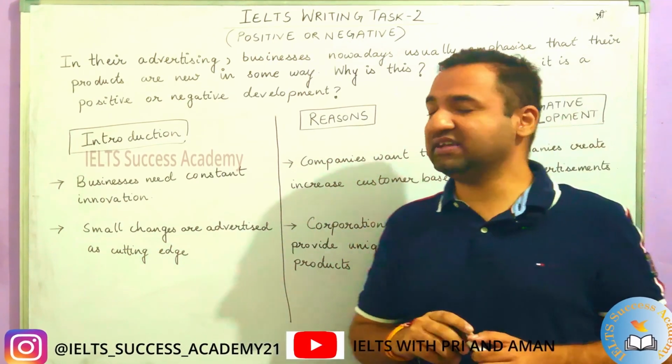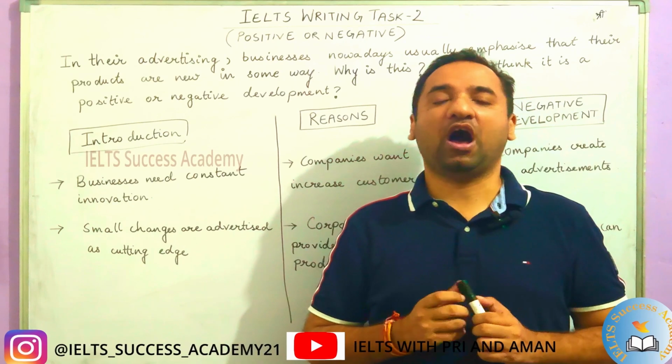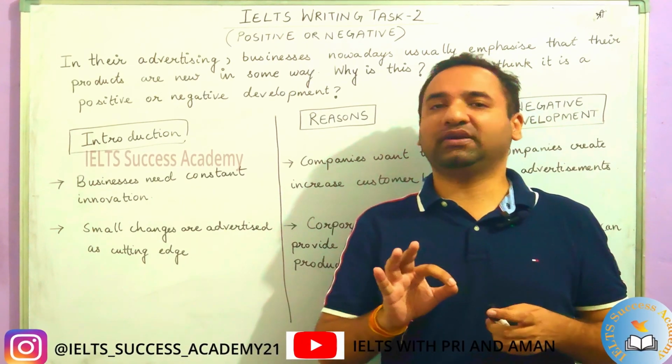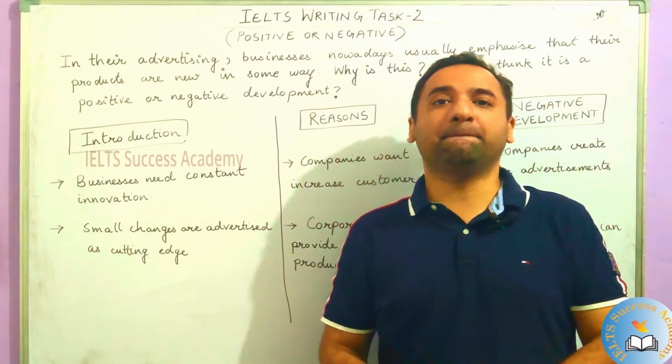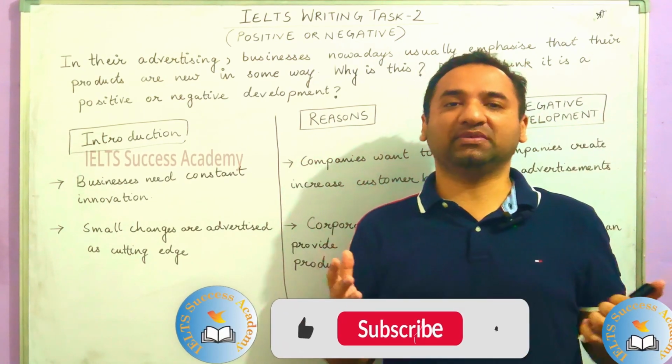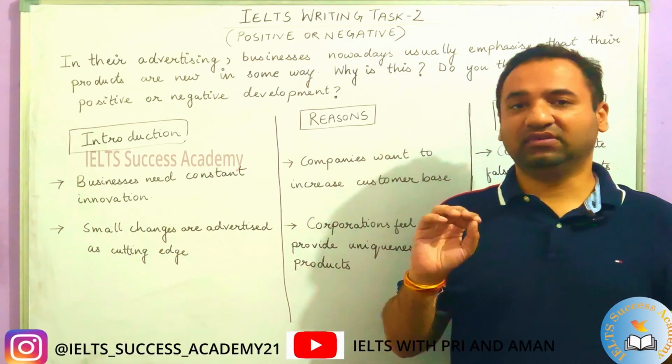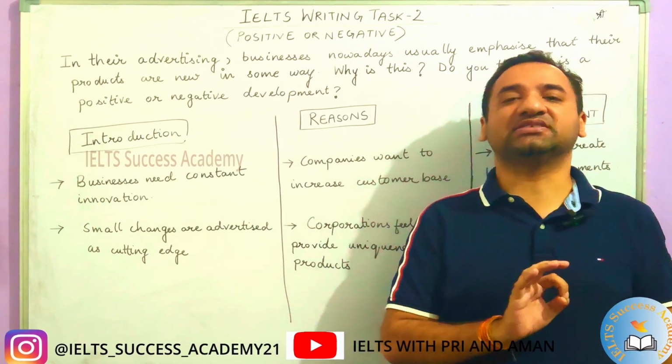Small changes are advertised as cutting edge. How often do you see that companies make small changes to their product line and they advertise them as big changes or magnanimous changes? Changes that are cutting edge, but that is not often the case.